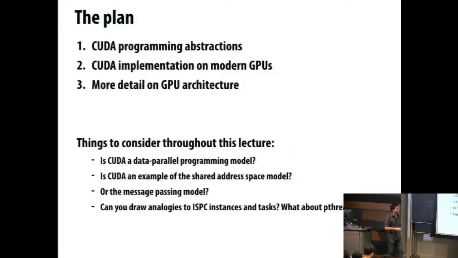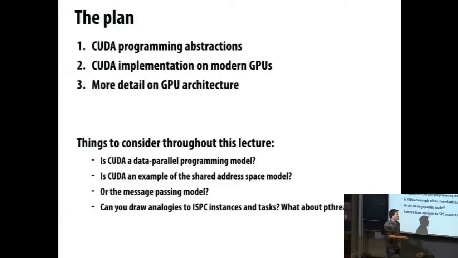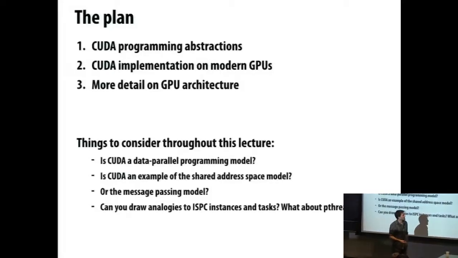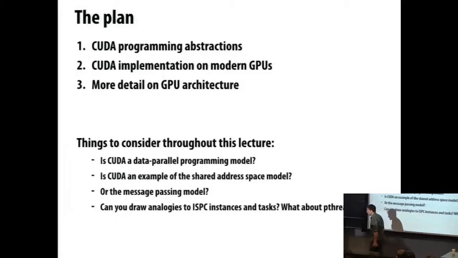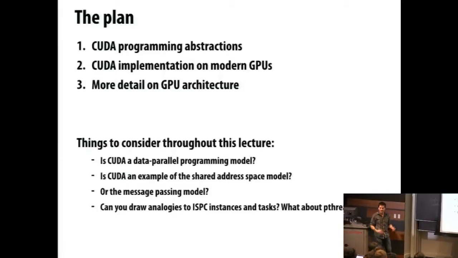Okay, so let's talk about things a little bit. Of course, we're going to start with abstractions. We're going to start with the semantics of the programming language. And then we're going to talk about how it is implemented on modern GPUs. And then we'll go into some more detail about, hey, just for fun, let's learn a little bit more about GPU architecture just to make sure we understand what's going on. Okay, are there any questions?